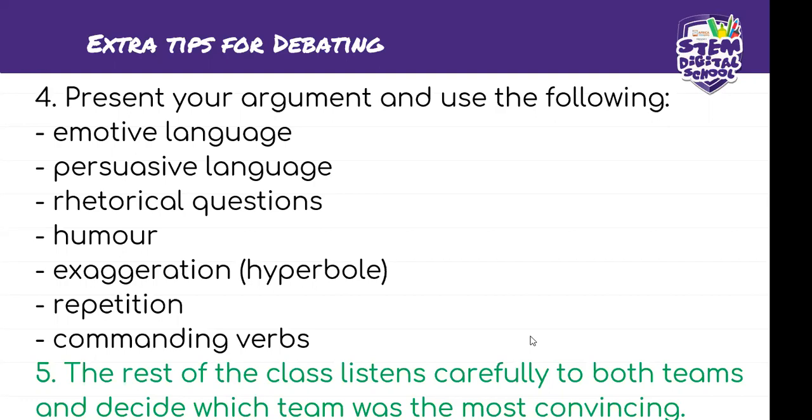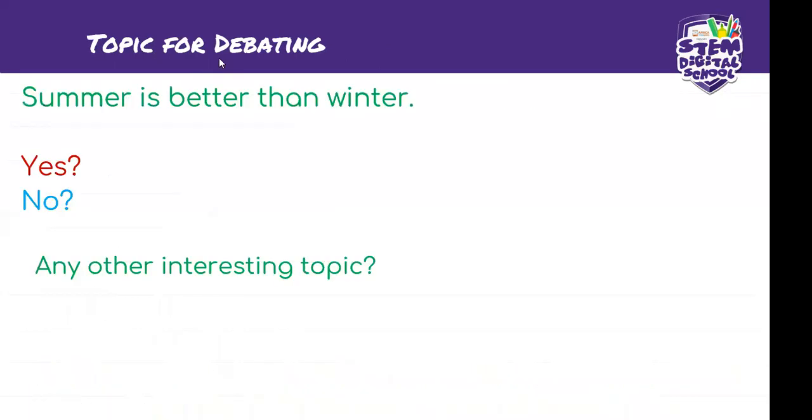Therefore, this is how you do it, by using commanding verbs. The last tip: the rest of the class will listen carefully to both teams and decide which team was the most convincing. Any question on that? If you have a question, please raise your hand and I will help you.